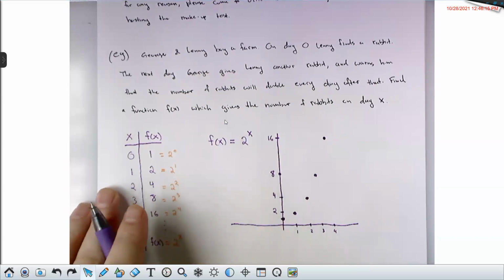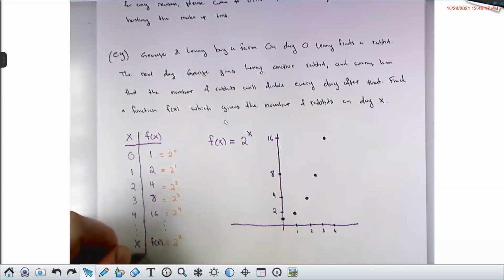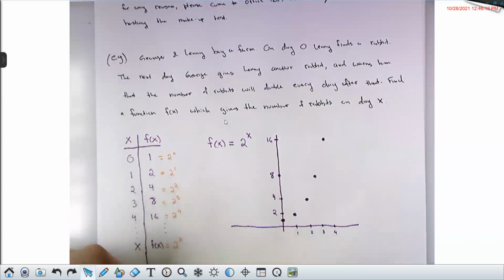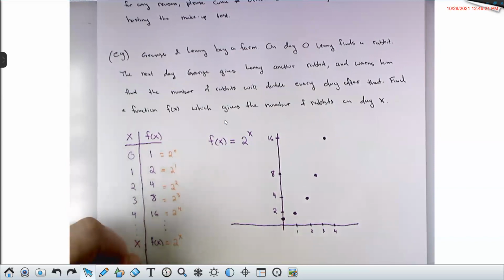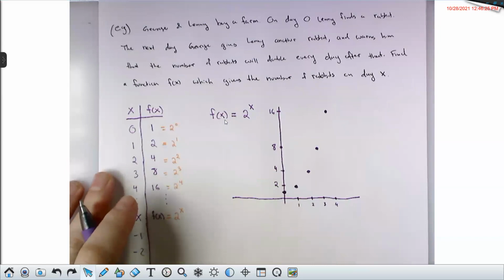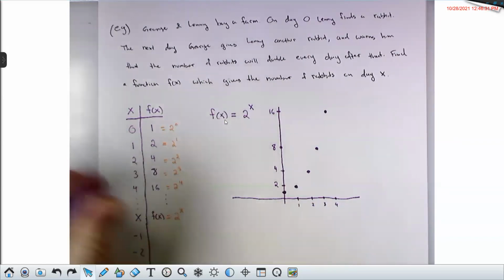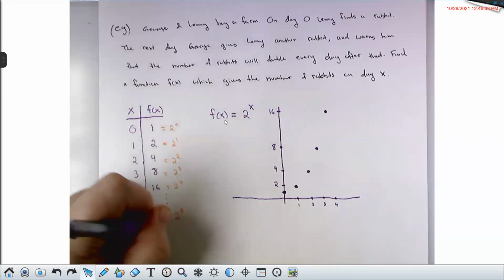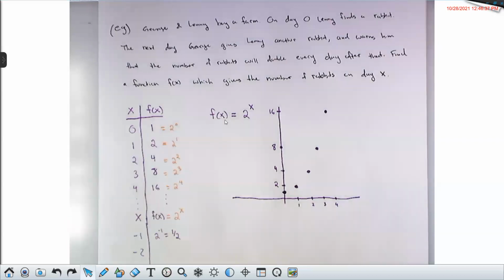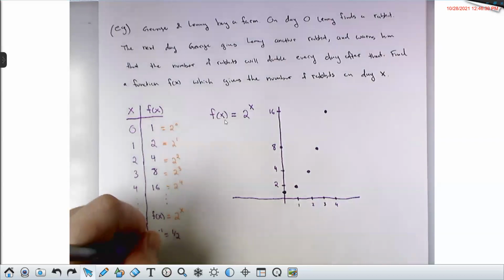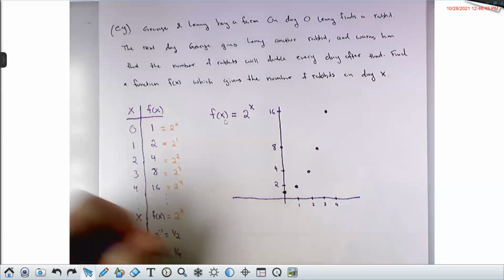And while it doesn't have anything to do with rabbits, we can extend this function to negative values. I can plug in -1 and -2, for example. If I plug -1 in here, f of -1 is 2 to the -1, or 1/2. f of -2 would be 2 to the -2, which is 1/4.